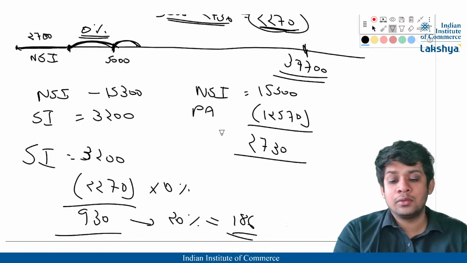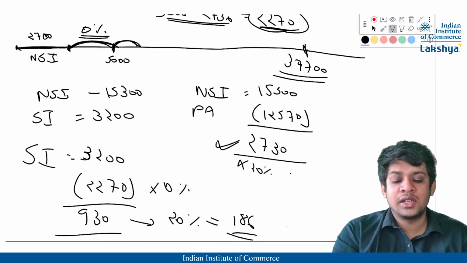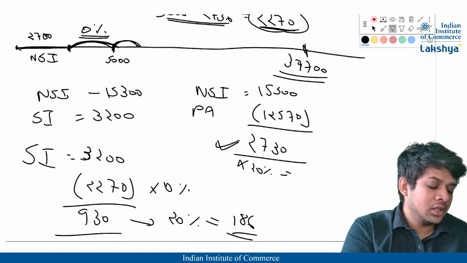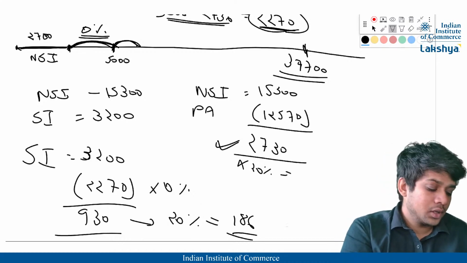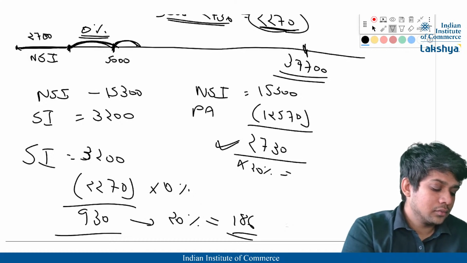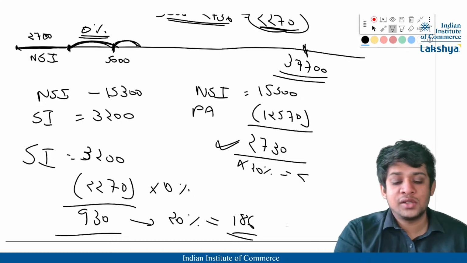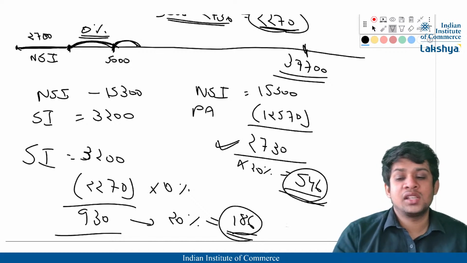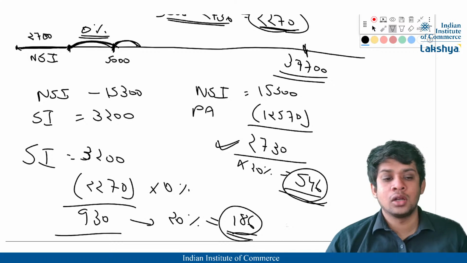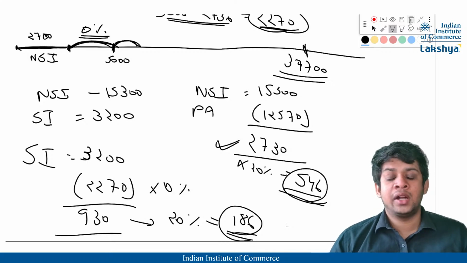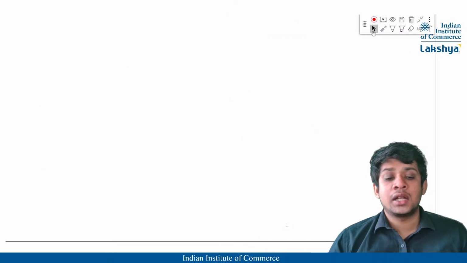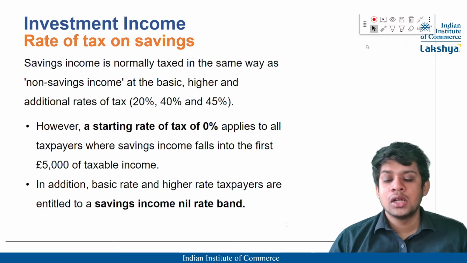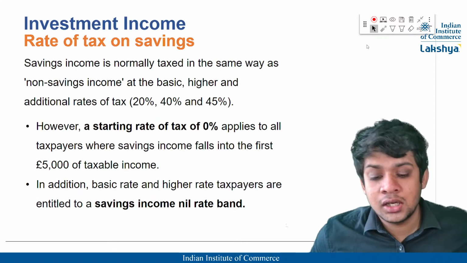Also, on the non-savings income of 2,730 there will be 20% tax, that is 546. So 186 plus 546 is the only tax liability for me. I hope it was clear from start to end, guys. This was the starting rate explanation for your savings income.